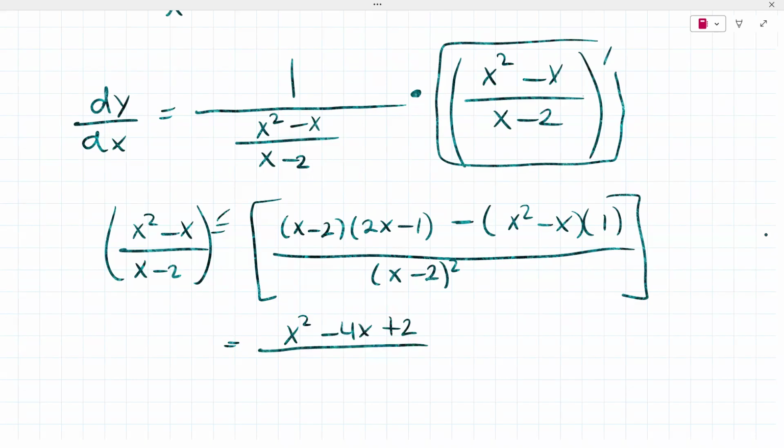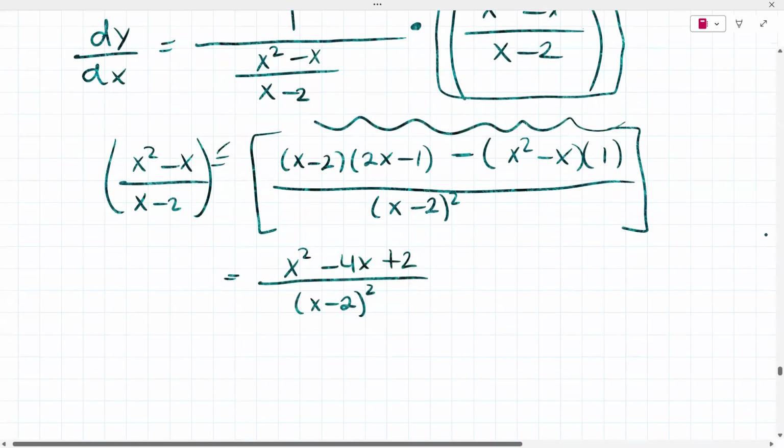And then on the bottom, it's x minus 2 squared, right? So if you FOIL this out, distribute the minus, etc., it gives you that.